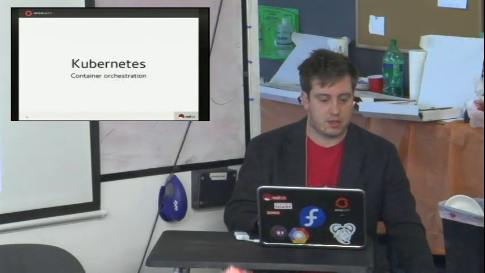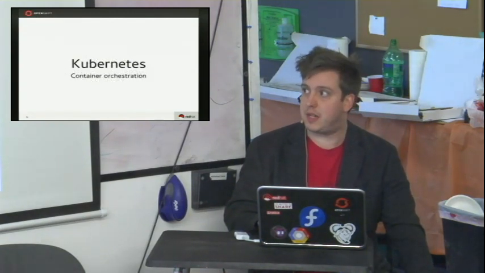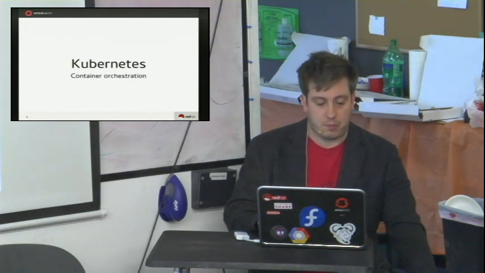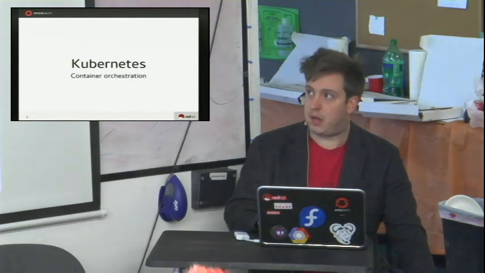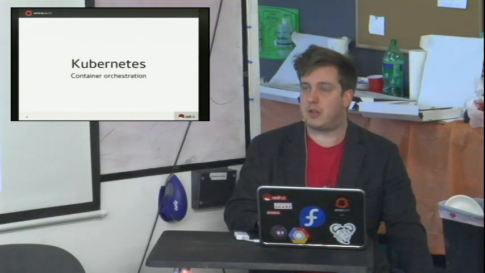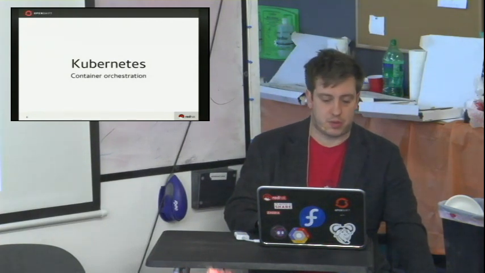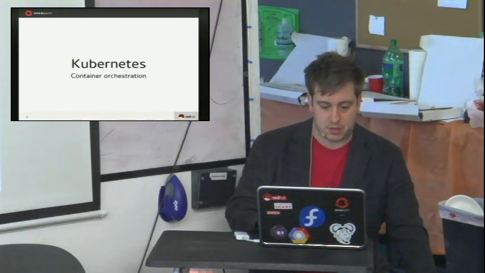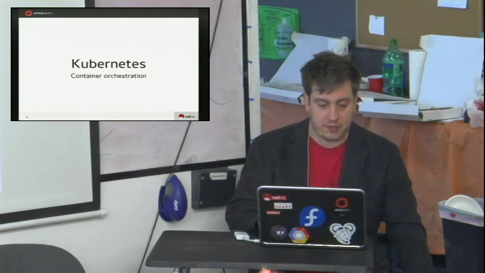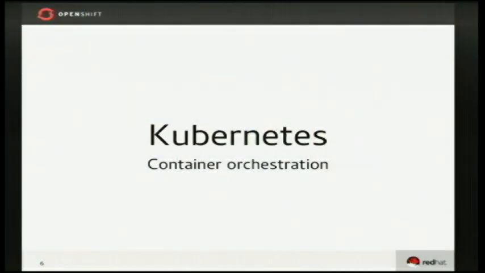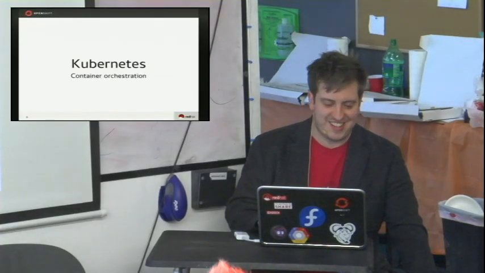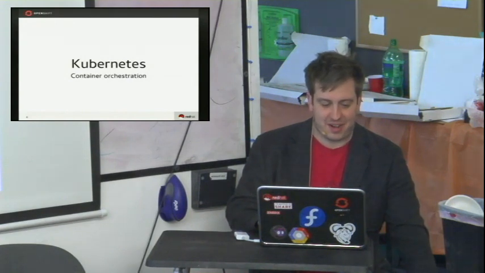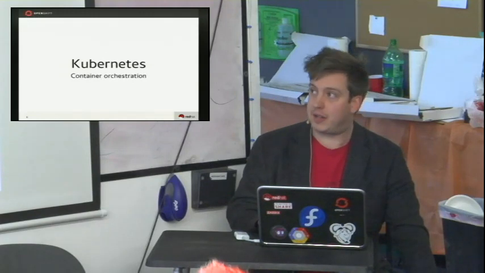Kubernetes is container orchestration. This is a project that comes out of Google, but Red Hat is partnered with them in particular for OpenShift, but also to get Kubernetes packaged into Atomic. Even Google acknowledges that this is a stupid name for a project. It comes from the Greek word for a person steering a boat, so there's at least some sort of definition in there. We're not going to talk about it much in this presentation, mostly because I have not gotten my head around it.